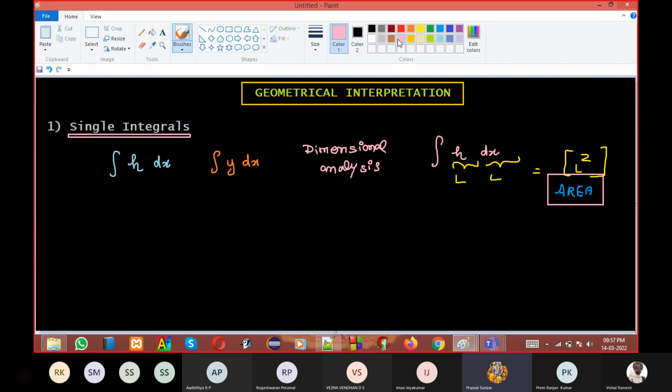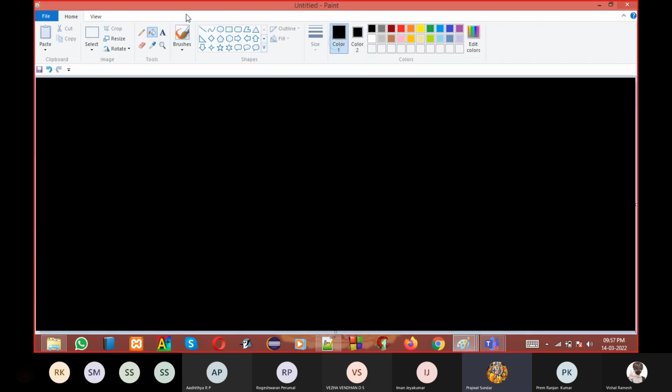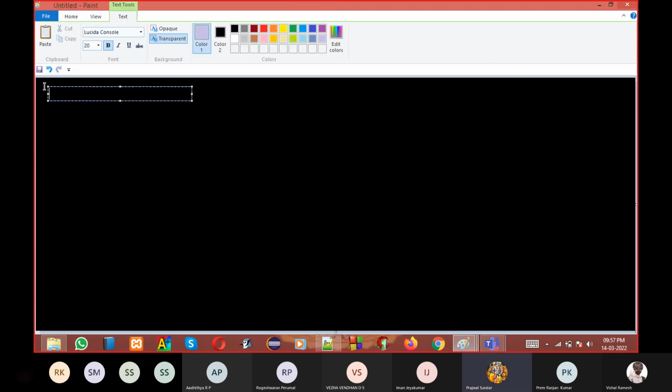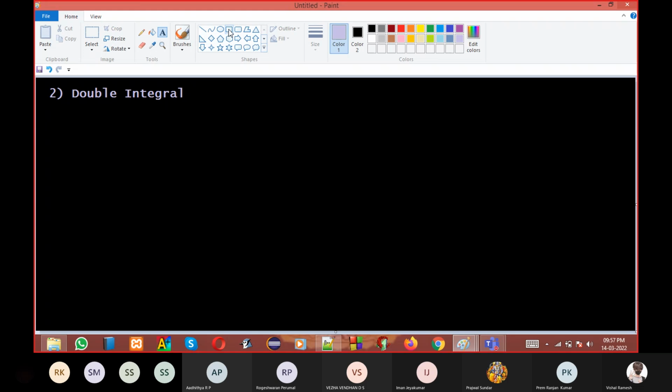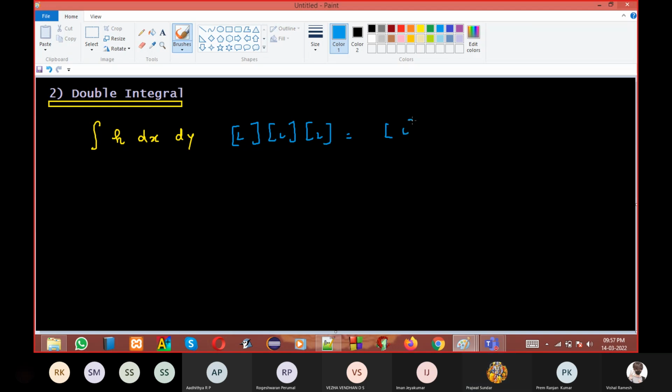Similarly, if you take double integral, you will be writing integral h into dx dy. What is the dimension? L into L into L equal to L cube. Meaning what are you calculating? Volume. You are calculating volume.